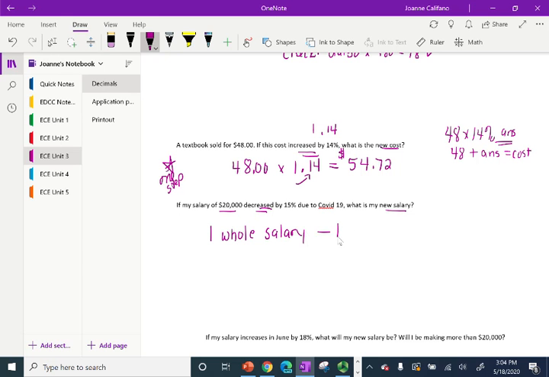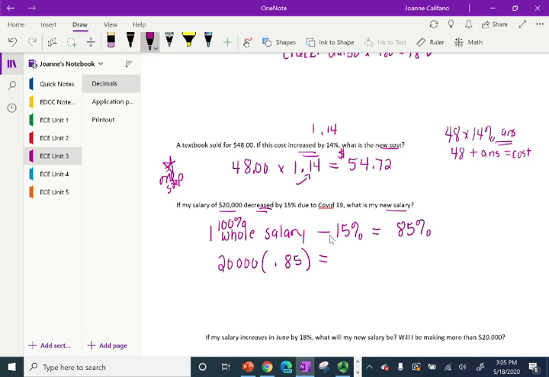From 100% of my original salary, I'm taking away 15%. Just looking at the percentages, 100 minus 15% is 85%. I can find my new salary by taking 20,000 and multiplying it by 85%. That will show a decrease of 15%.